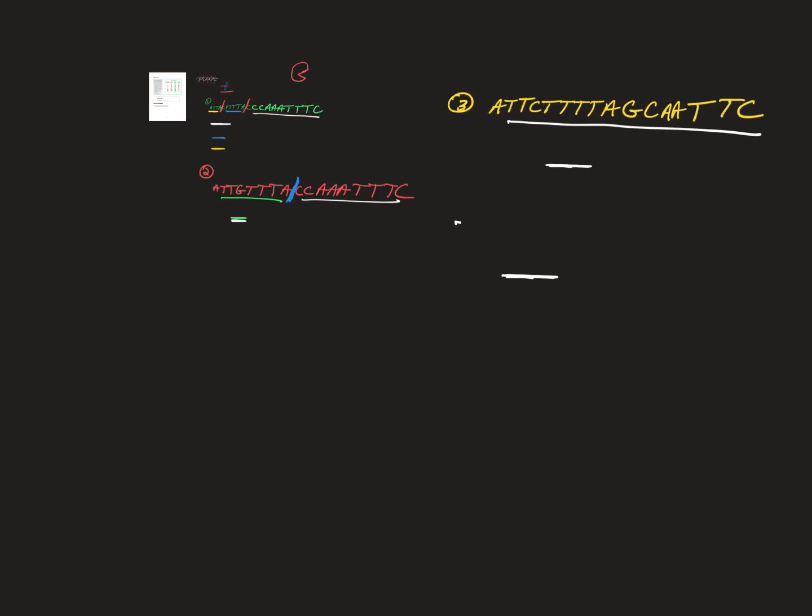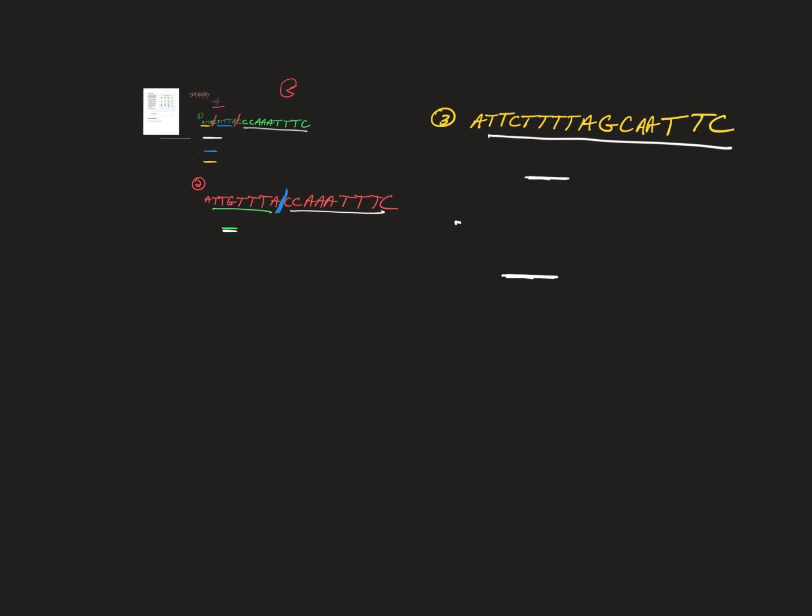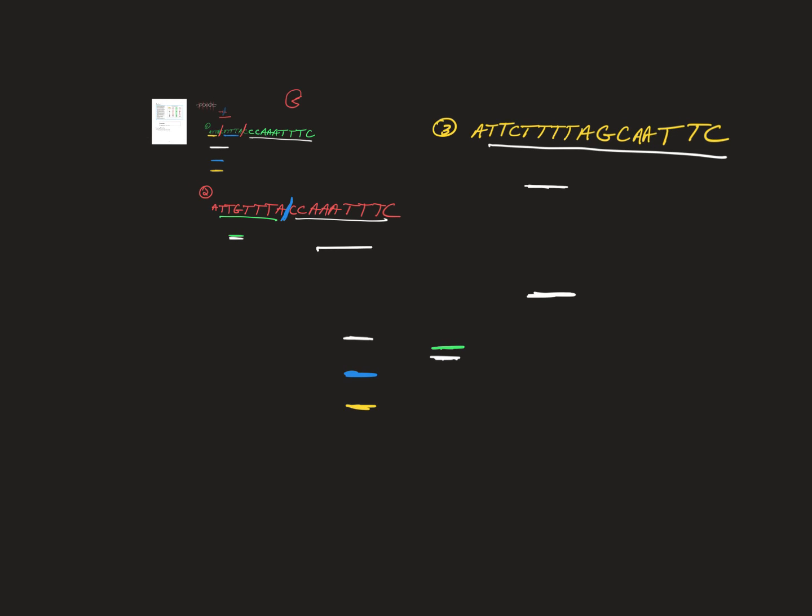If you ran the three gels together, as you would with electrophoresis, you'd get one column showing this banding pattern, one column showing this banding pattern, and then one column showing this banding pattern, a really big piece because it's not broken up at all. So you'd have a gel electrophoresis that looked like this.